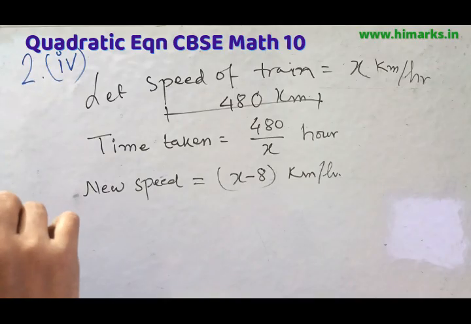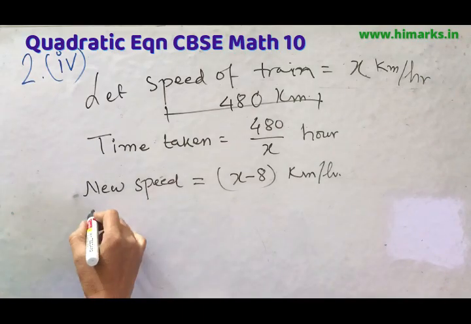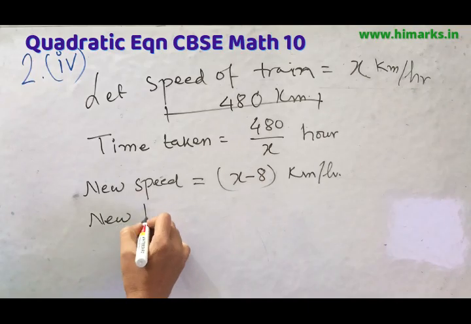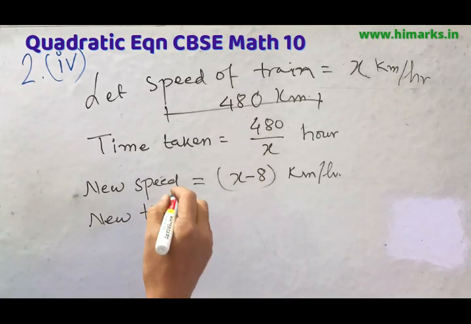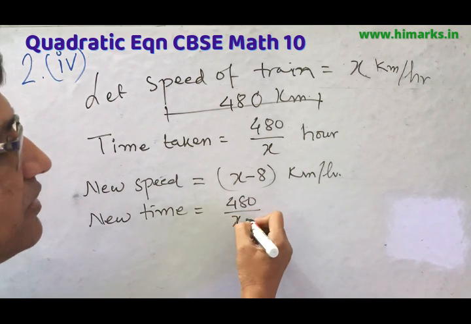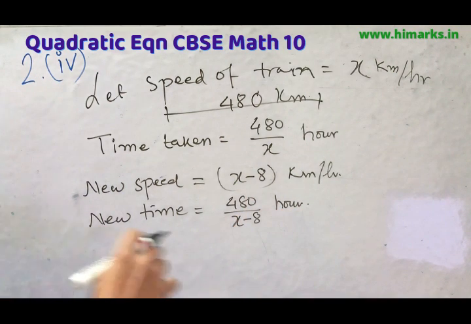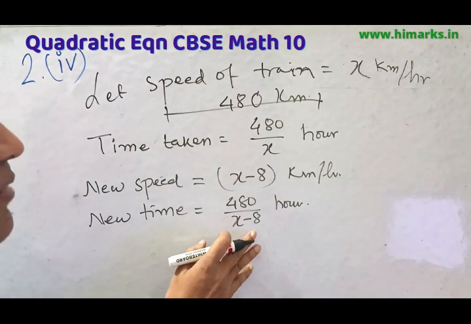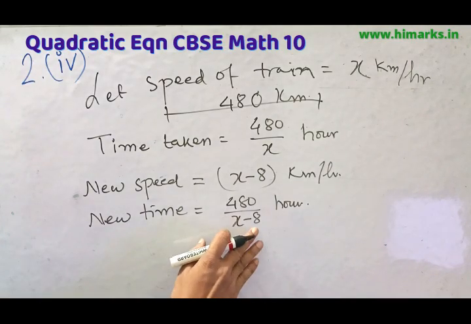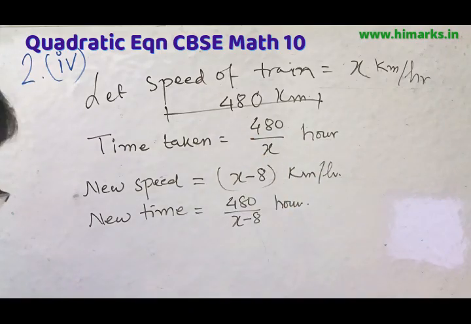Correct, they are talking about 8 kilometer less, then it would have taken 3 hours more. So if it is a new speed, what is the new time? New time is 480 by x minus 8 hours. As the speed has decreased, the time will be more. So this time is more than the previous time. You have to differentiate these.